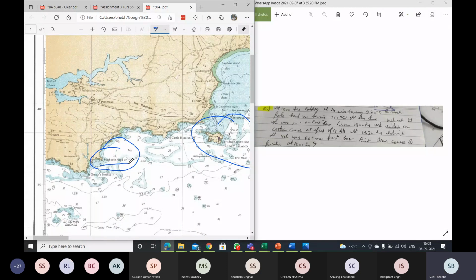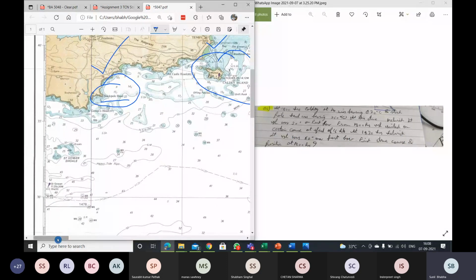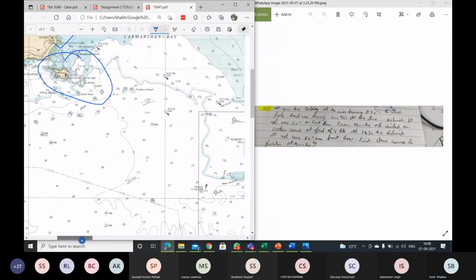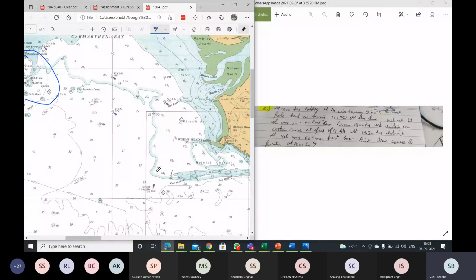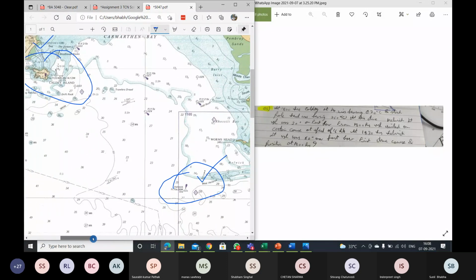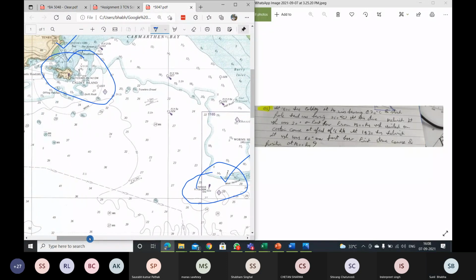Stack pole head, is it visible? Okay, very good. So this is the second object which they are talking about. Then later on they are also talking about Helvig light vessel. So let me show you where this light vessel is. Helvig light vessel is here. Okay beta, तीनों चीजें identified on the chart.